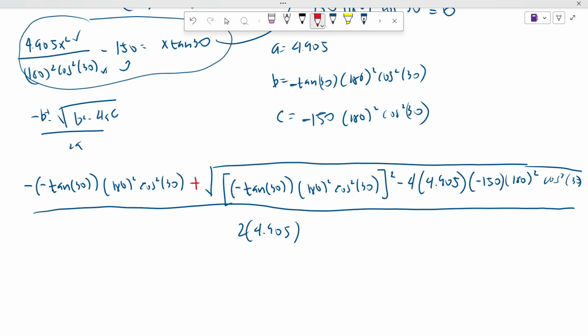So, negative tangent of 30, 180 squared cosine of 30 squared, plus or minus square root of negative tangent 30 and 180 squared cosine of 30 squared minus 4AC.